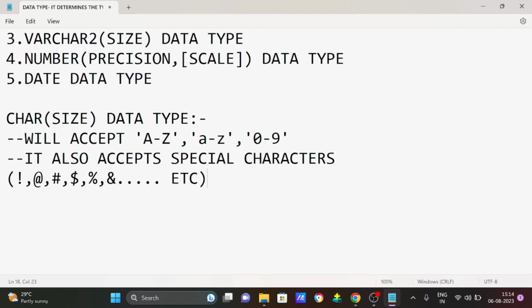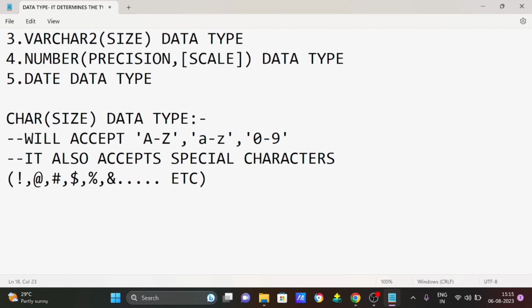I think you are getting my point. For example, the at-the-rate symbol: to display it on the screen, we have to press Shift with digit 2 at the same time. So any character that is displayed by pressing the Shift button along with any other key on the keyboard is defined to be a special character.